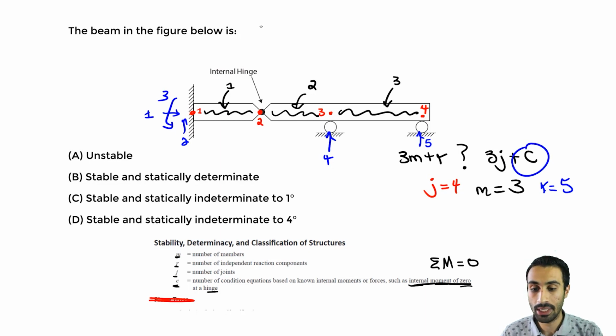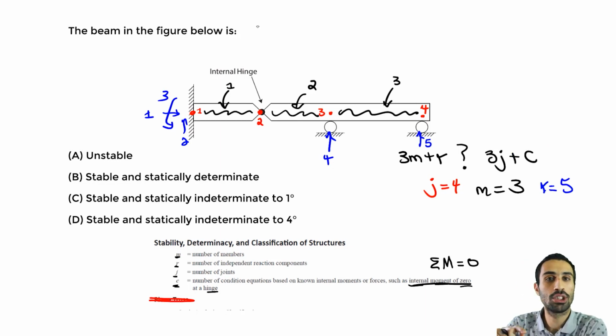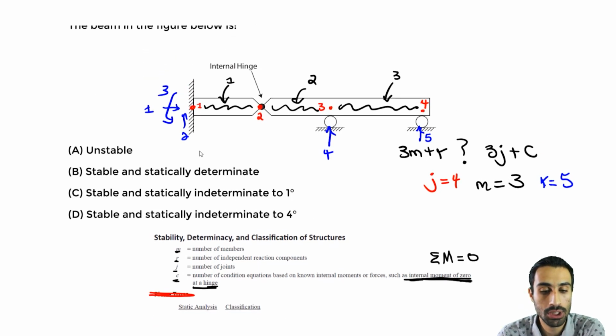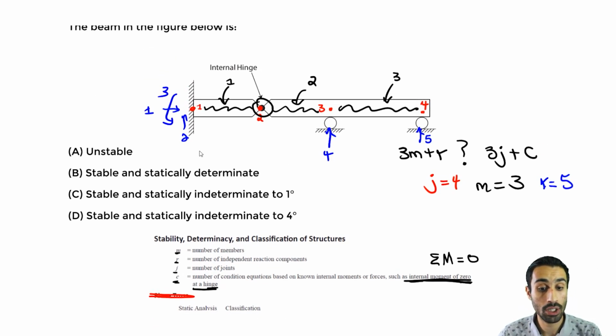And the last one is going to be the C value. So now the question is, do we have an extra condition equation? We do, right? We do in this case because the internal moment equation at a hinge is 0. The sum of the moment at a hinge must equal 0. So we do have an extra equation, and it would just be C equals 1.